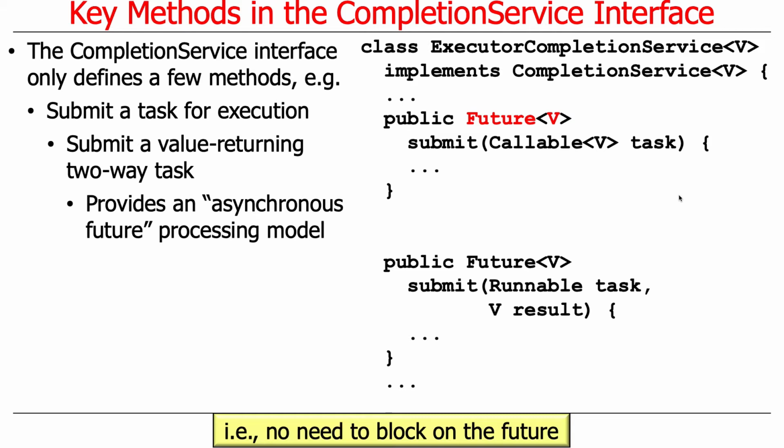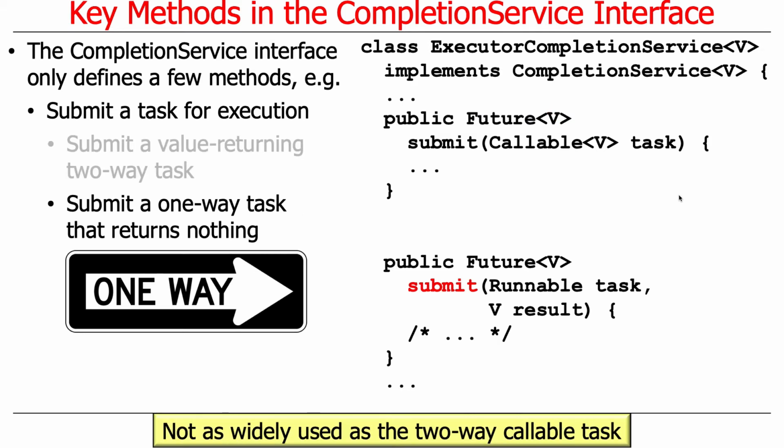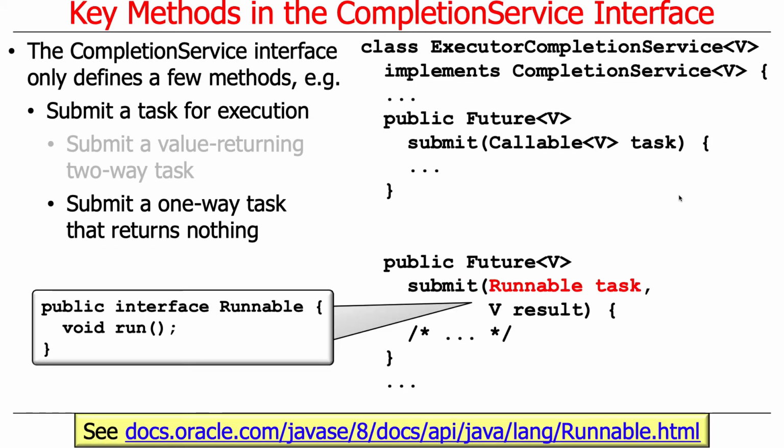Like I said before, the only reason you'd use that future is to cancel things. There's also another submit operation that submits a one-way task, which does not give you back a result, although you could give some kind of faux result here if you needed one. This is not widely used. We typically use the two-way approach. And that implements runnable, which as you can see does not return a value.